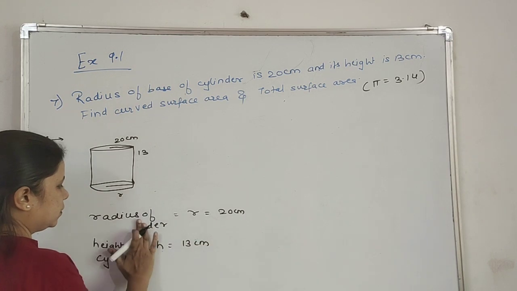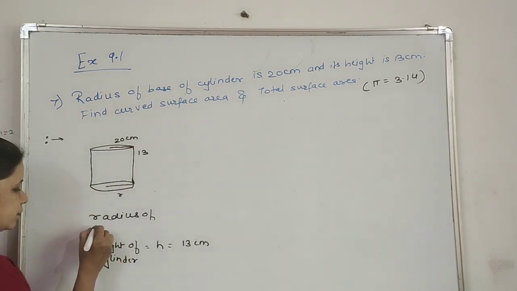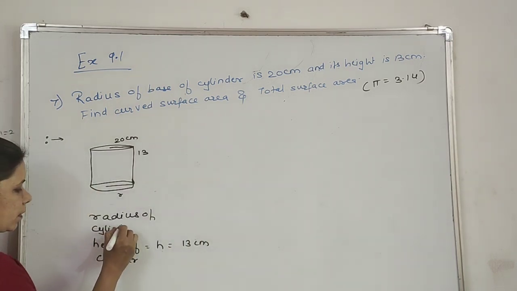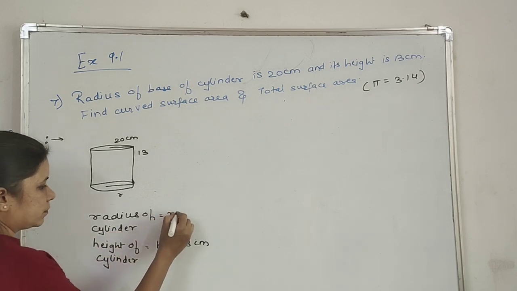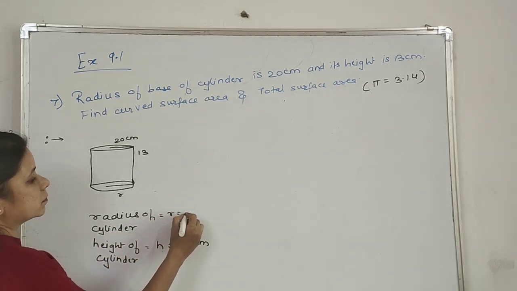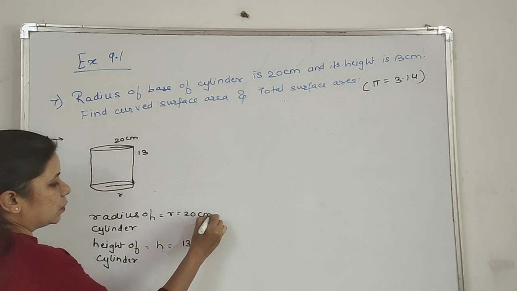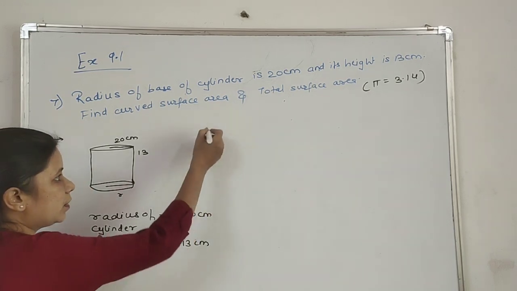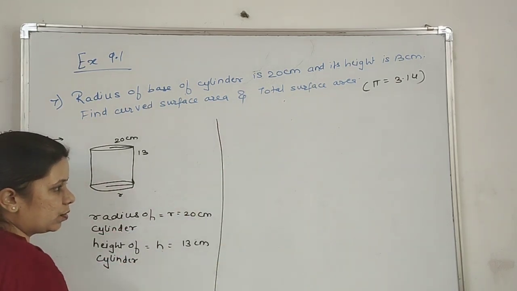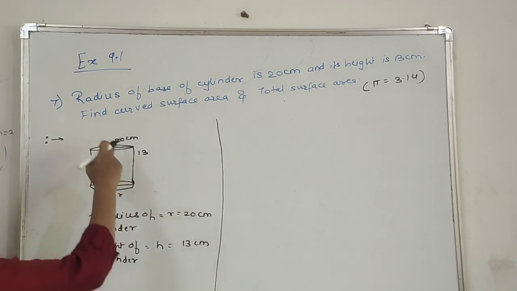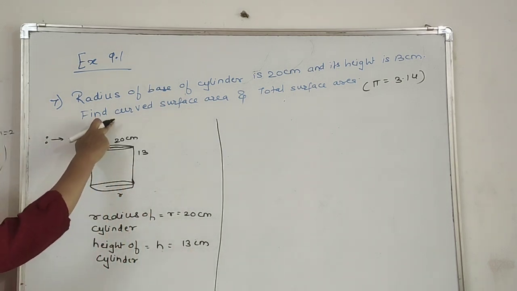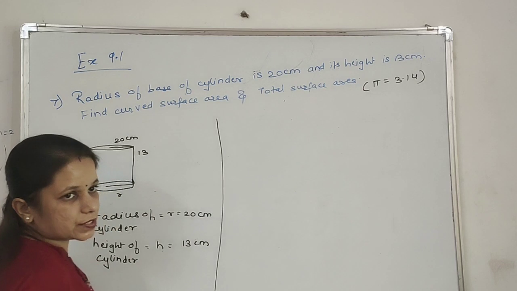I'll just rewrite this. Okay. Now here we need to calculate curved surface area and total surface area.